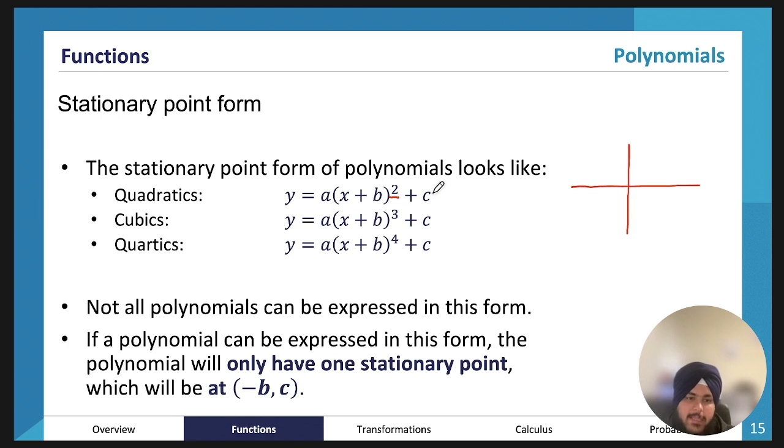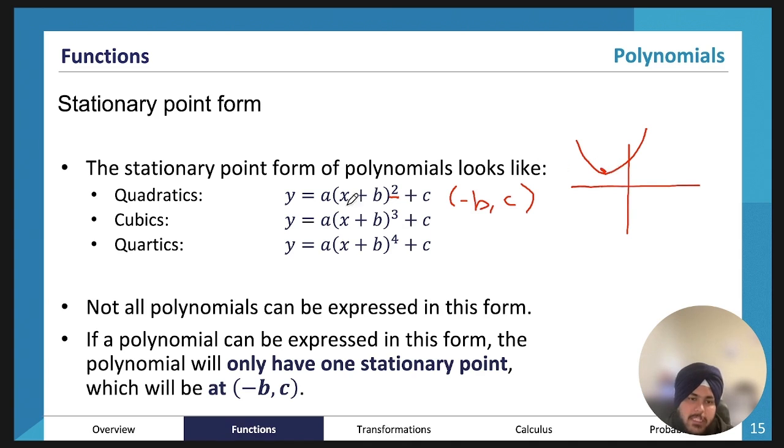So it's at b, c, so therefore the turning point will actually be at negative b, comma c, and we'll explain why that's the case when we go to transformations. So therefore we will have a turning point at this point, depending on what a is. So that's what that will look like.